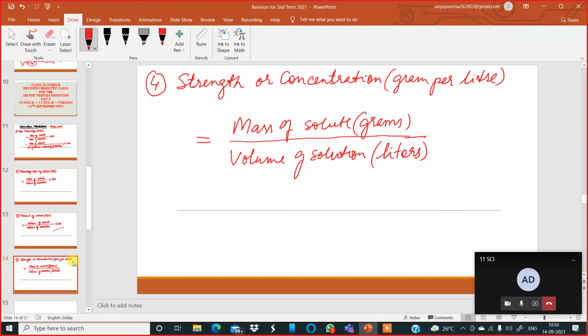So this is the fourth concentration term used in volumetric analysis.